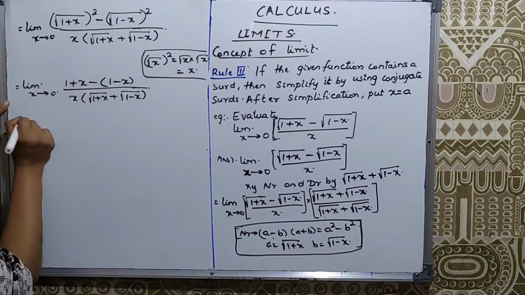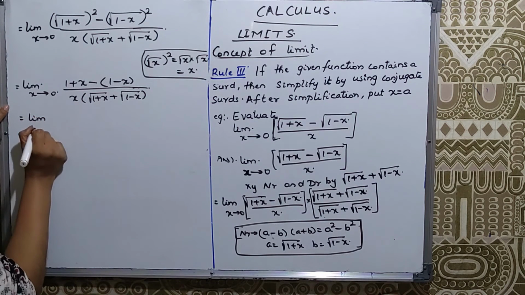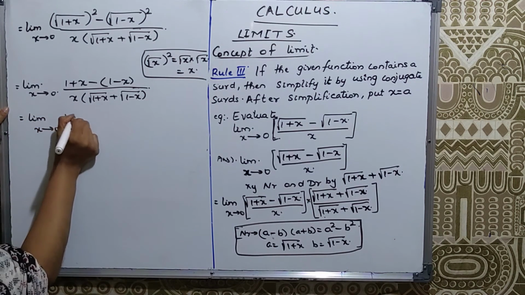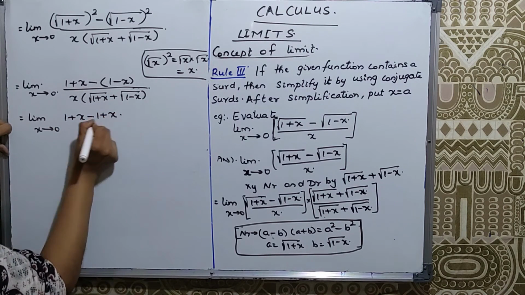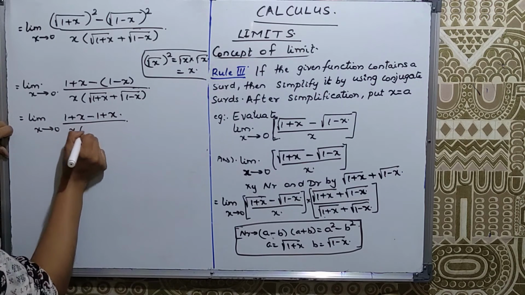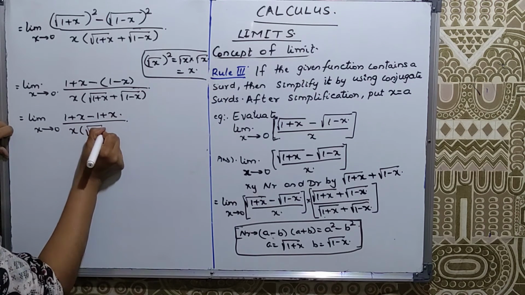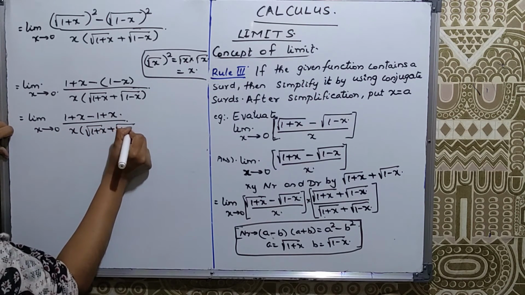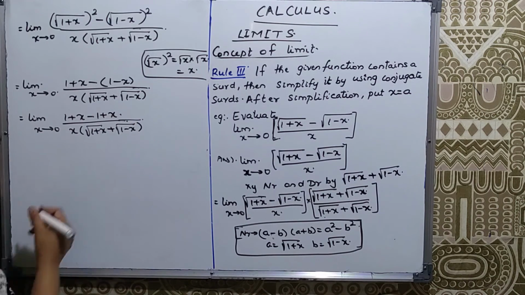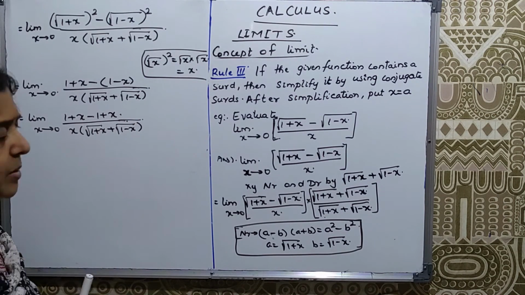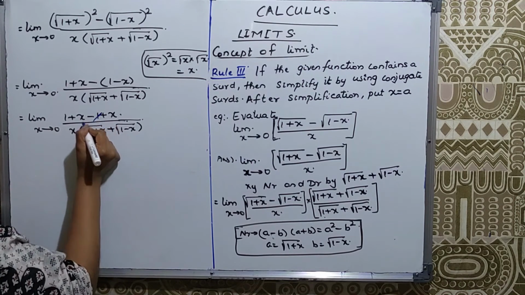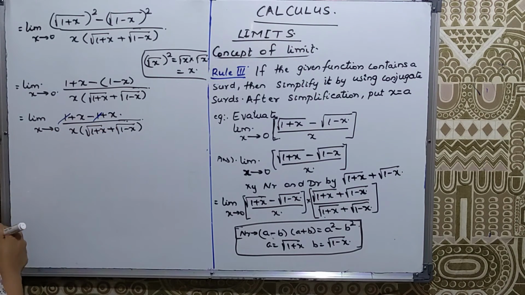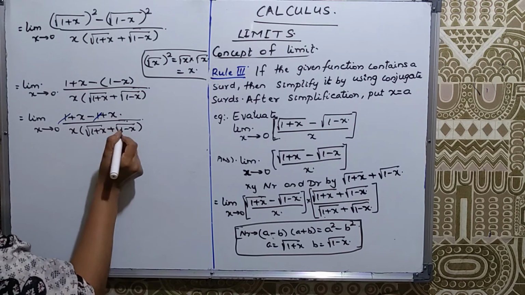Now we'll open the bracket. It will be limit x tends to 0, 1 plus x minus 1 plus x divided by x into (root of 1 plus x plus root of 1 minus x). Now minus 1 and plus 1 will be cancelled. When you cancel minus 1 and plus 1, you will get the term x plus x, that is 2x.